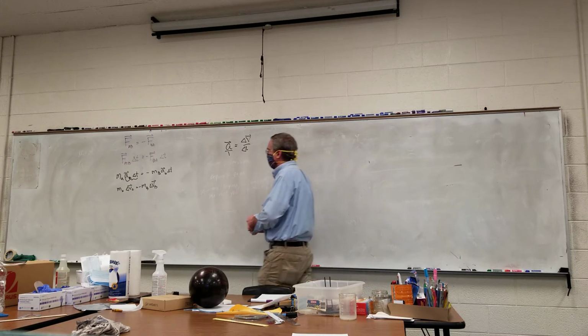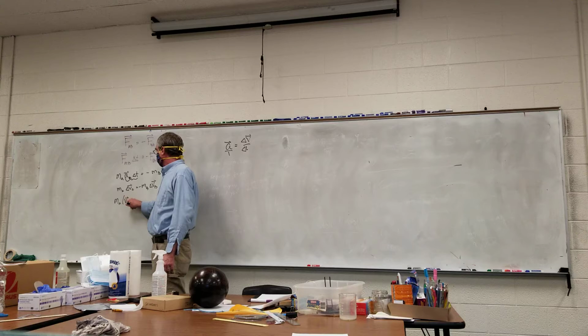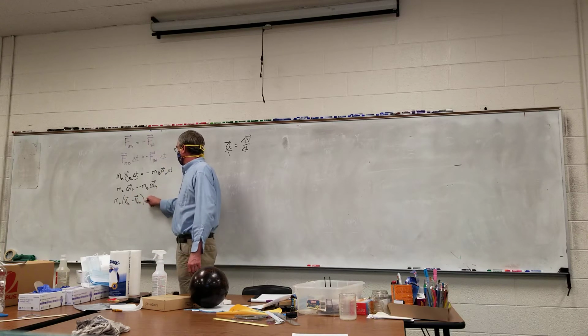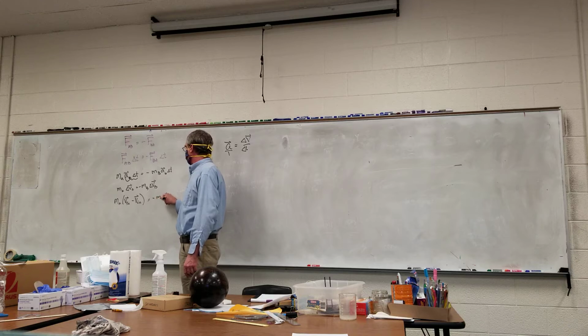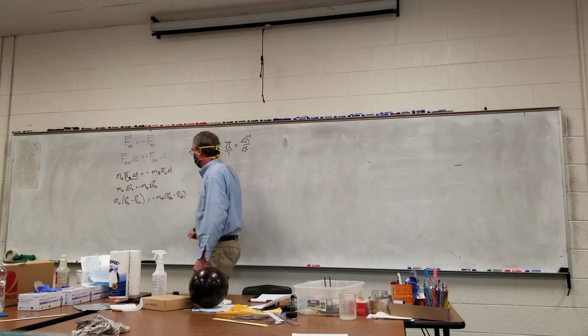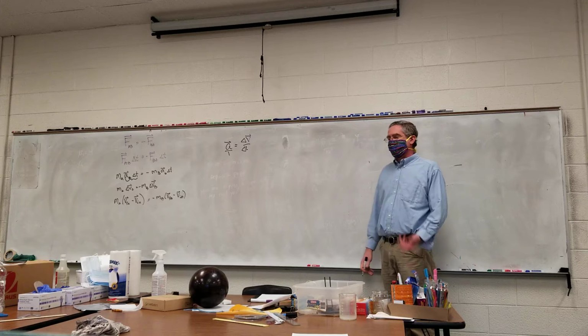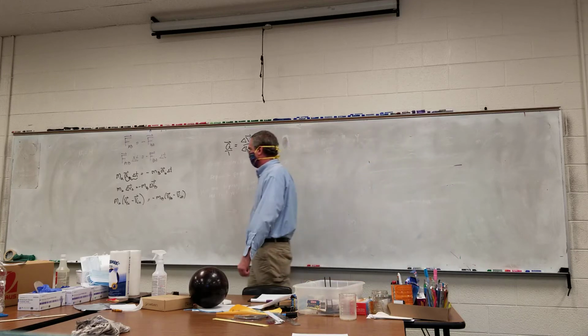All right, so it's final minus initial, so this is the mass of A times the final velocity of A minus the initial velocity of A equals the negative mass of B times the final velocity of B minus the initial velocity of B. One more really tedious line and then we'll simplify.